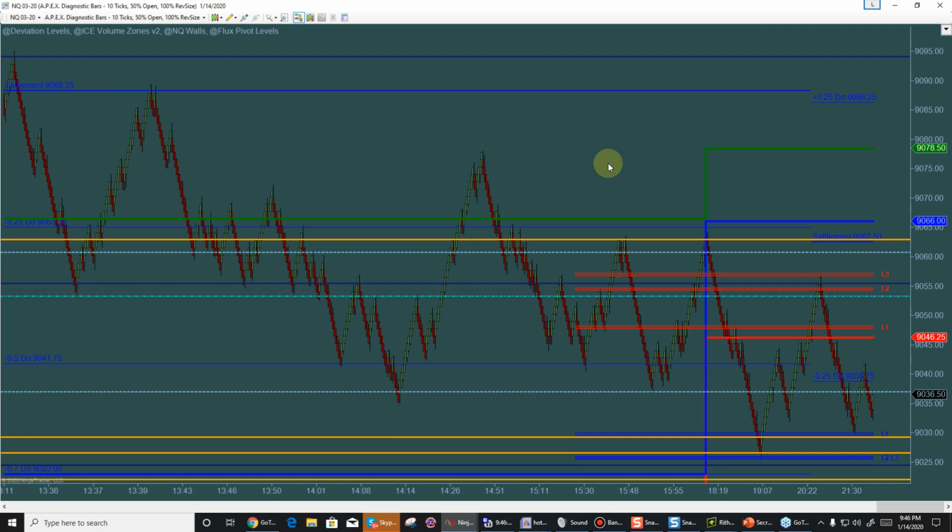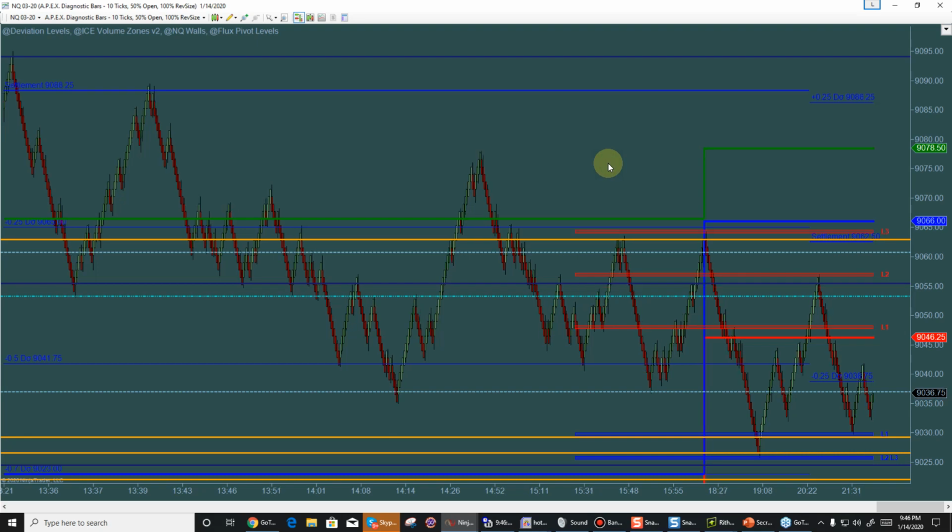Let's see here. We got two other things on our chart that are not based on order prints. What are they? Actually, we have three other things on our chart that are not based on order prints. Four other things.